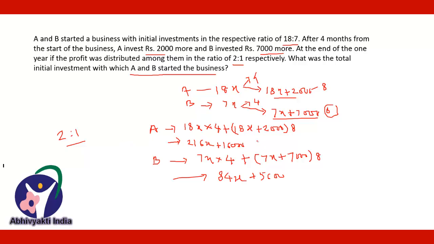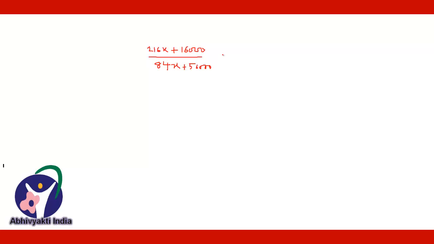So take the ratio of the investments: 216x plus 16,000 divided by 84x plus 56,000, and this ratio equals 2:1, and if you multiply this and solve it, you will get x is equal to 2000.